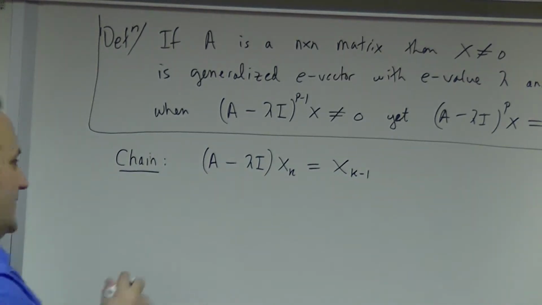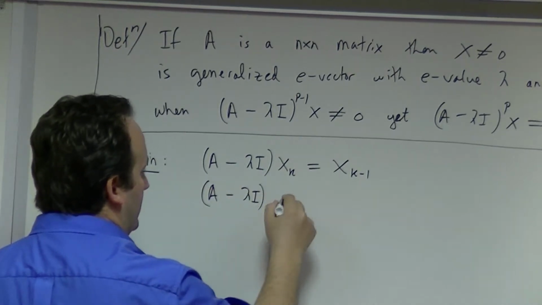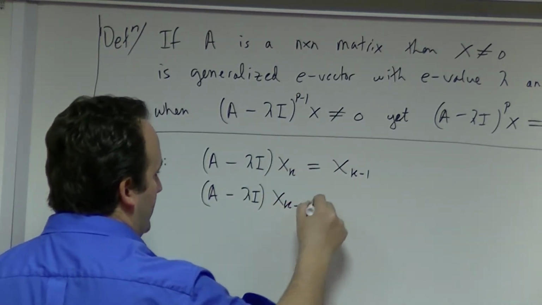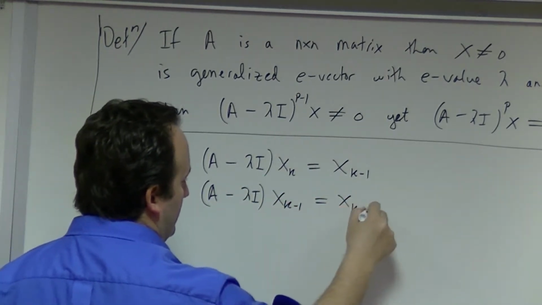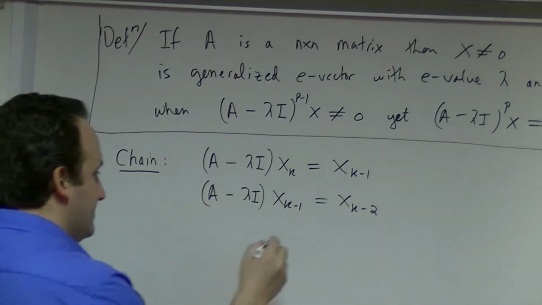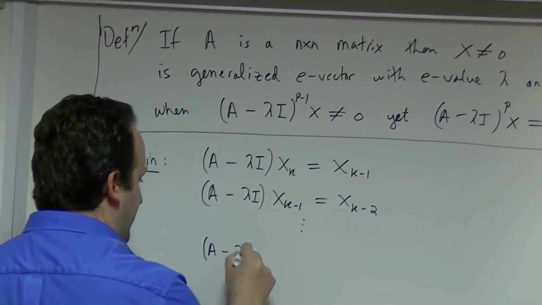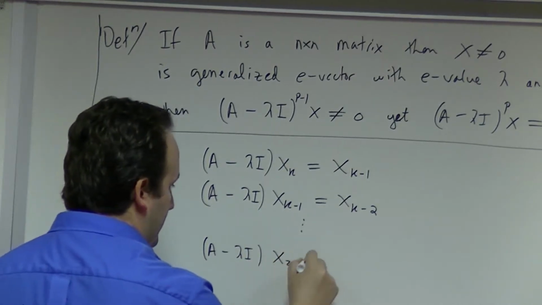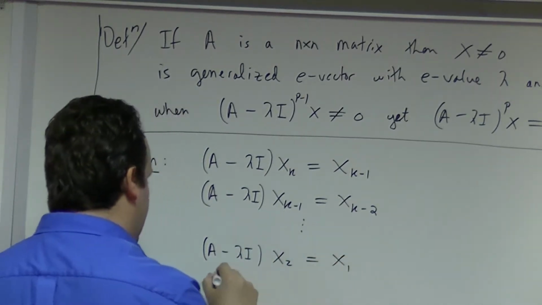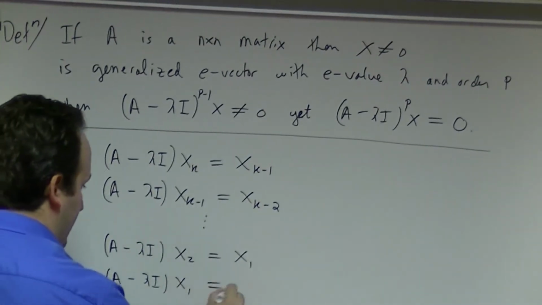And then suppose I define A minus lambda I times xk minus 1 equal to xk minus 2. See where I'm going with this? And down the line, I get to A minus lambda I times x2 equal to x1. And finally, A minus lambda I times x1 equal to 0.